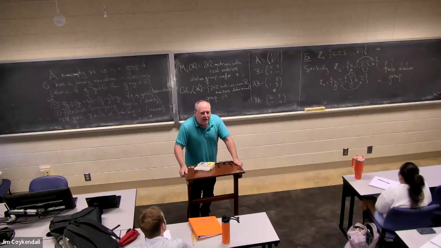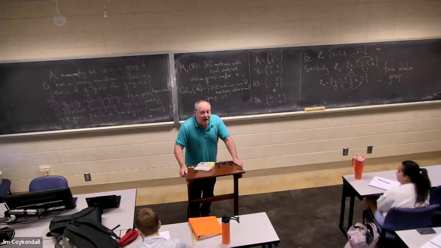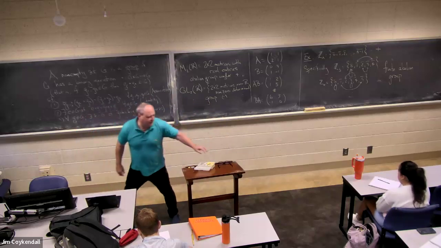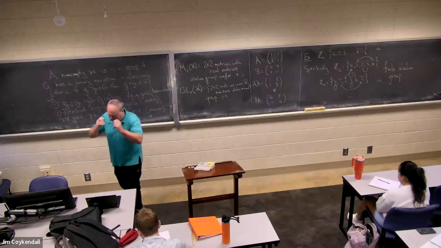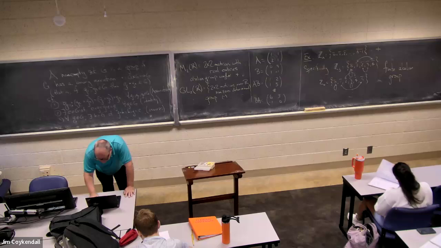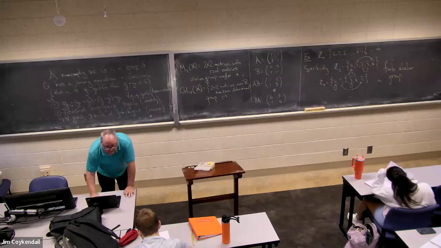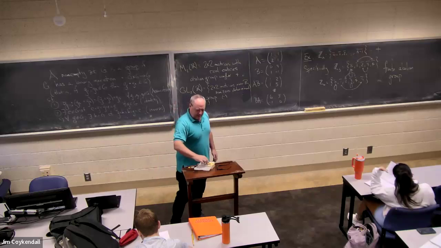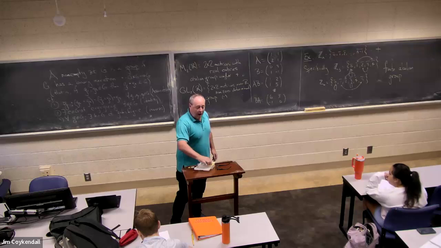Okay, I've got another one for it. Can anybody give me an example of a group that is both finite and not abelian? All right, so we've covered all the bases. We have infinite abelian, we have infinite non-abelian, and we have a finite abelian group. Do matrices over a finite field?